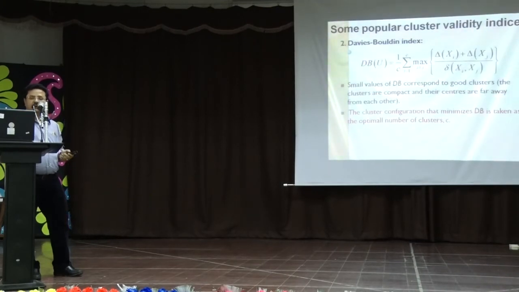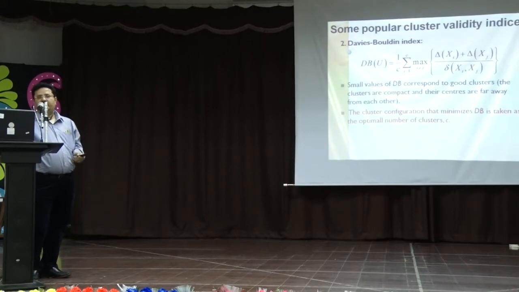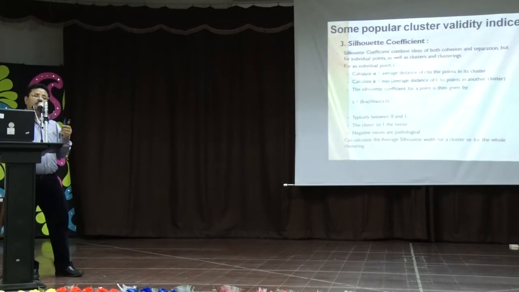And then the DB index, the Davies-Bouldin index. Here, the smaller the value of DB, the better is the clustering. Then another is the silhouette coefficient, and the closer the value of the coefficient is to 1, the better is the cluster.